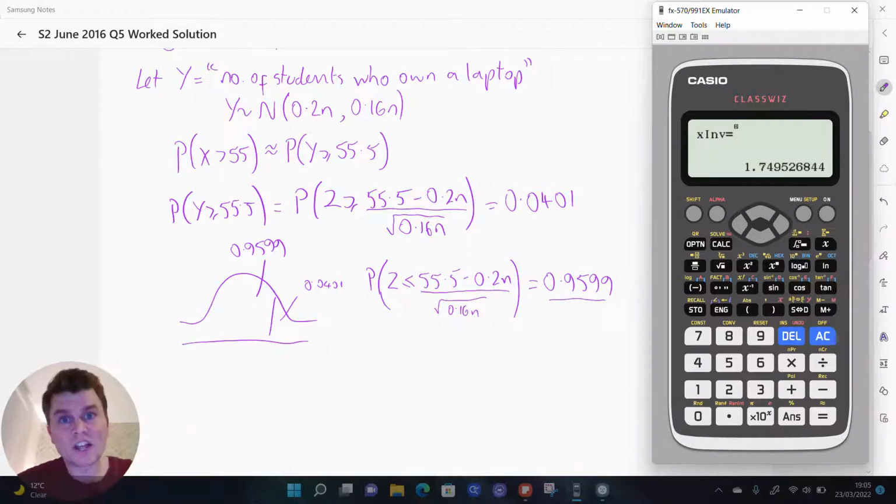We don't need to take too many decimal places there. The question itself is asking for 3 significant figures, so if I take this to 5 significant figures, that should give us enough accuracy. So now I could rewrite my equation not involving Z anymore.